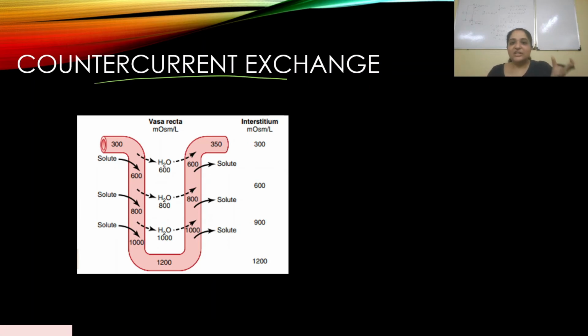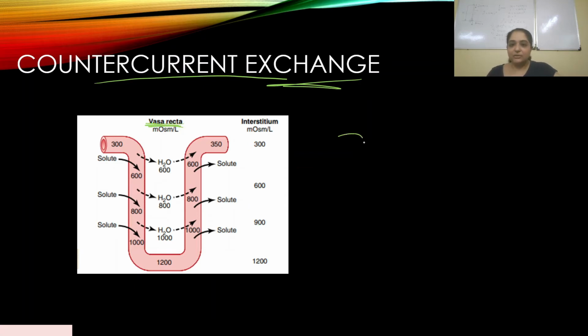So a countercurrent exchange system is present there, which helps to maintain that hyperosmotic region. This is called countercurrent exchange, and it is possible with the help of vasa recta. Now how does that happen?